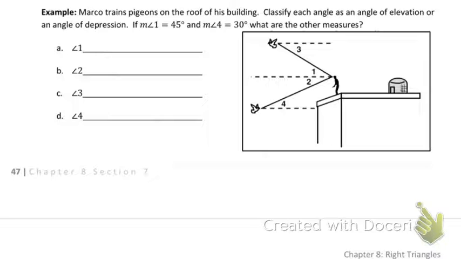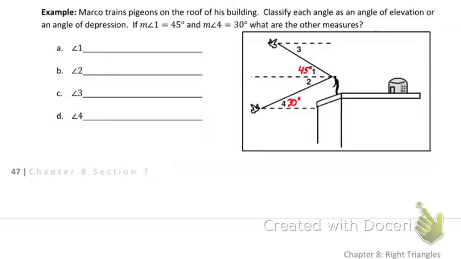But anyway, he's on the top of his building. He's going to classify each angle as an angle of elevation or an angle of depression. And then he notes that the measure of angle 1 is 45 degrees and the measure of angle 4 is 30 degrees. So let's go ahead and note that over here. He's very particular with his pigeons, measuring his angles and such. And angle 4 is 30 degrees.